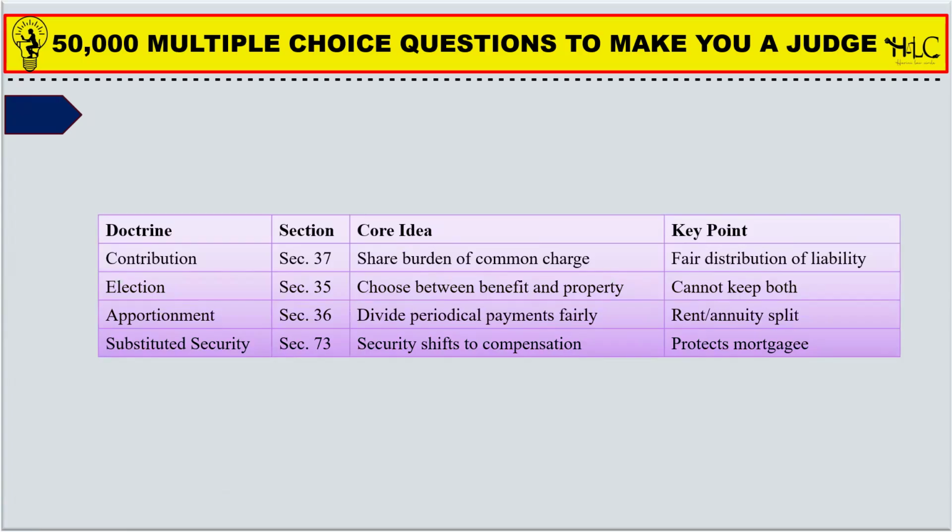So I have given you all the four doctrines in the explanation part as a table, and under which section of the Transfer of Property Act each of these doctrines applies, and the core idea behind the doctrine. So basically, the doctrine of contribution is under 37, as we see in the question.